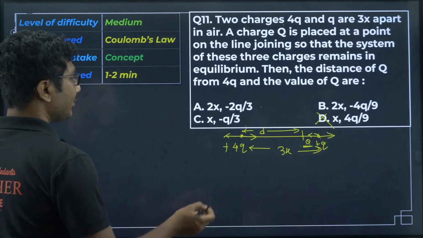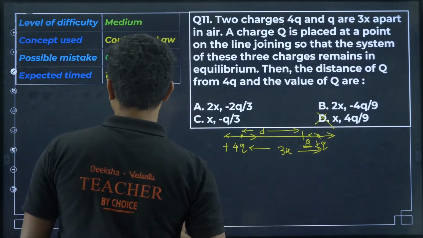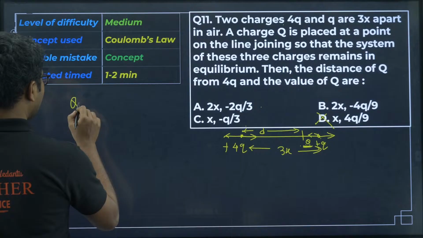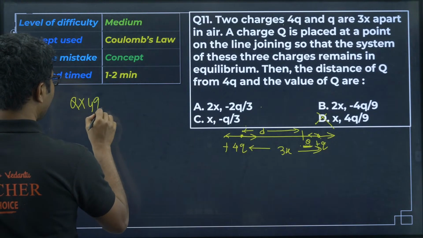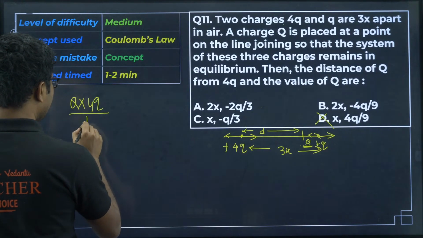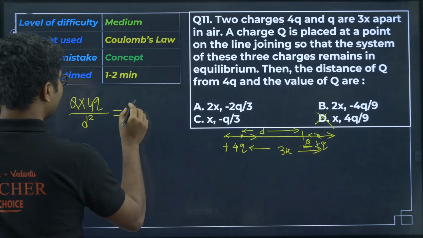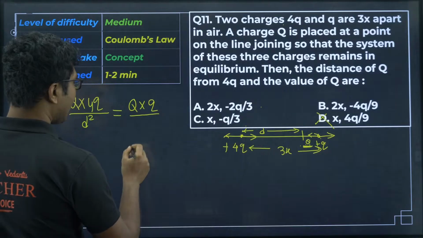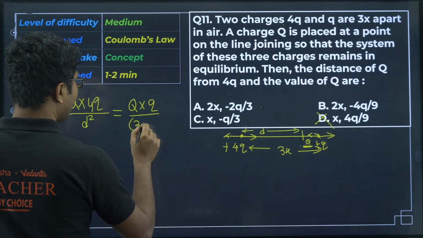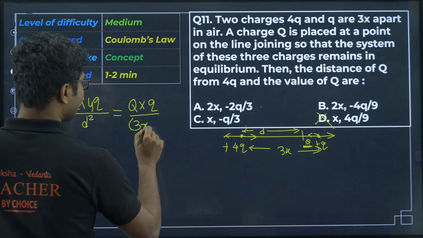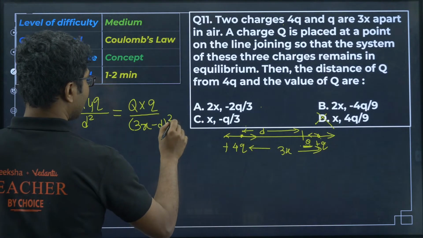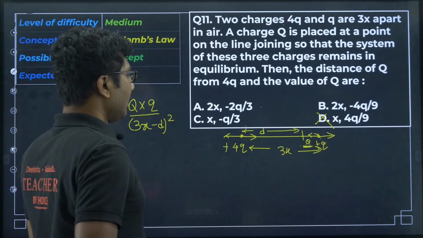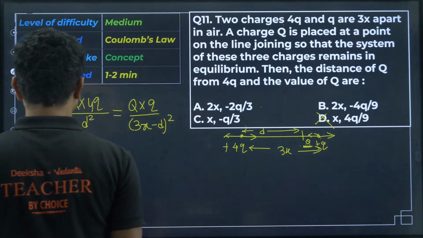Let us see. First we will consider the equilibrium of capital Q. That is capital Q into 4q divided by d square equals capital Q into small q divided by 3x minus d whole square. Easy. So this is the first part done.